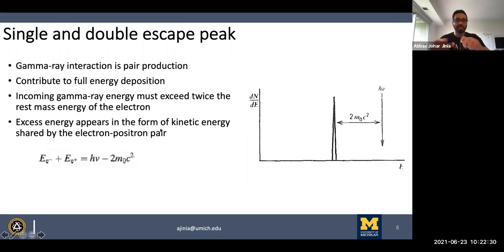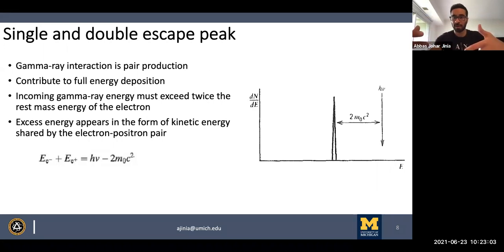Next, we have the single and double escape peak. Now, this one comes from pair production. In pair production, the incoming photon deposits its energy, and then we have an electron and positron pair. This also contributes to full energy deposition, because the 1.02 MeV you can consider as the binding energy of the reaction.